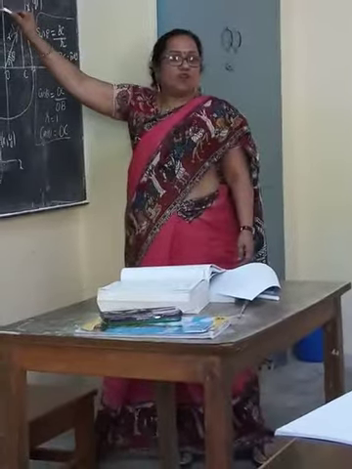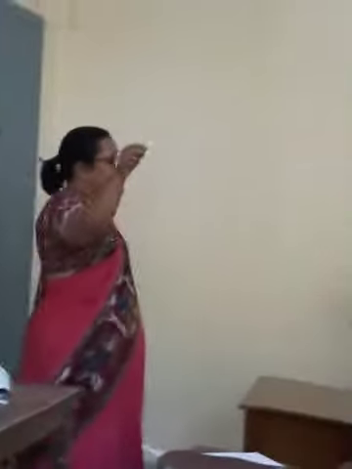Theta is 90. What will be this point? Cos 90, sin 90. What is that?